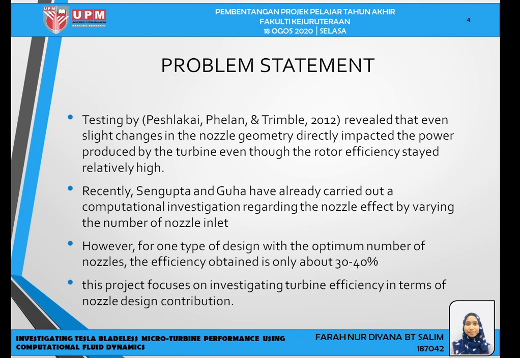So recently, in 2018, Sengupta and Guha carried out a computational investigation regarding the nozzle effect by varying the number of nozzle inlets into 2, 4, and 8 inlets. However, from all that research, for only one type of design, the optimum efficiency obtained is only about 30 to 40%, which is far from Tesla's claim of 90%.